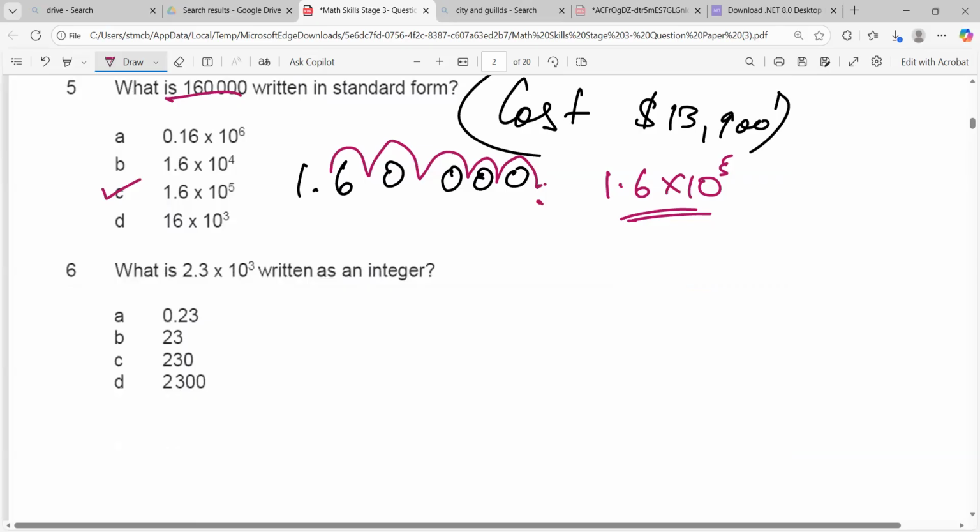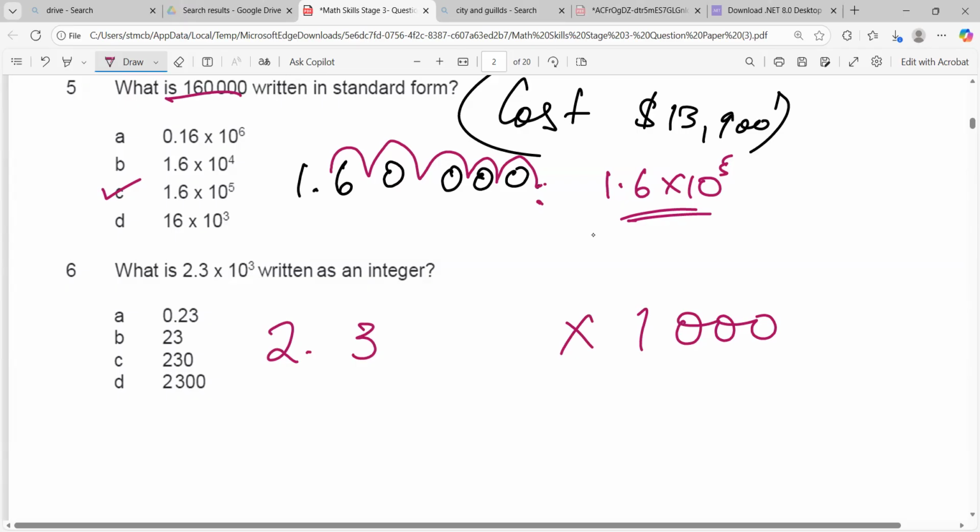What is 2.3 times 10 to the third power? Alright, so 2.3 times 10 to the third power. 10 to the third power is 10 times 10 times 10, right?